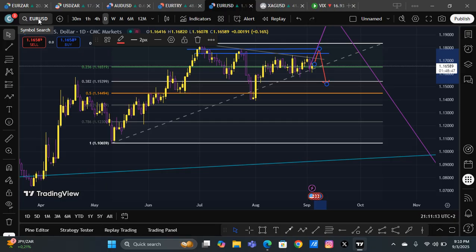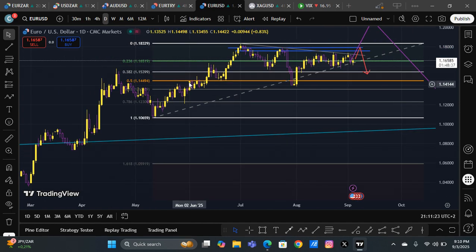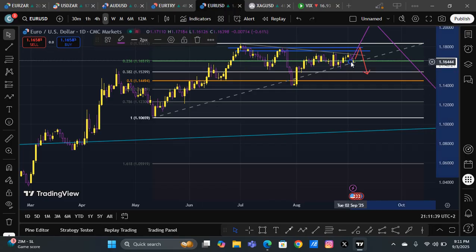But for now, we have a short-term bull run in the US dollar, which I believe might be taking off from here because, let me show you, we had a first touch, second touch, and we have a tiny manipulation here, and that's what I believe might be the last peak before we get the drop. So the market might give us a drop from here.